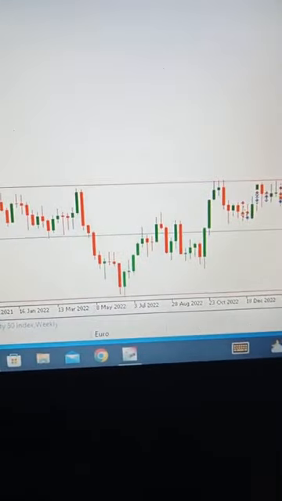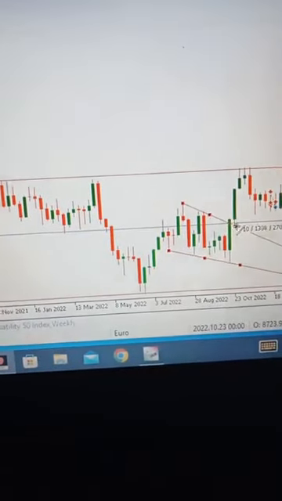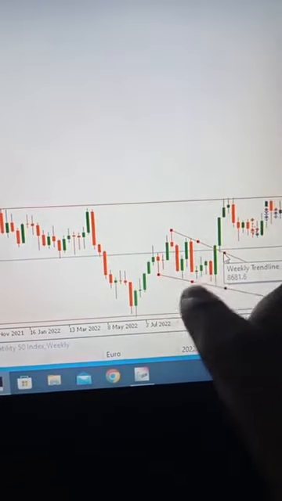On a weekly level, we had a consolidating market. First put a trend line from the highest to the lowest, then also on the upper side from the highest to the second highest. As you can see, this is a bullish wedge on a weekly level.